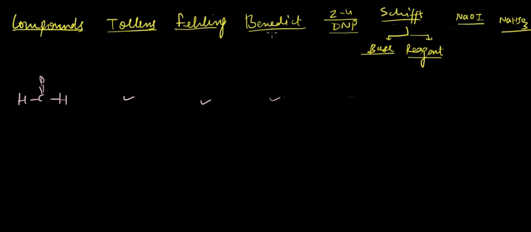You can just remember that how the aldehydes and ketones will react towards Benedict's, the answer remains the same as Tollens. Whatever is the nature of the reaction of aldehyde or ketone with Tollens reagent, that would be same with Benedict solution as well. So if it is a tick here, it will be a tick here. If it is a cross here, it will be a cross here. Okay, Benedict's acts the same way as Tollens reagent.